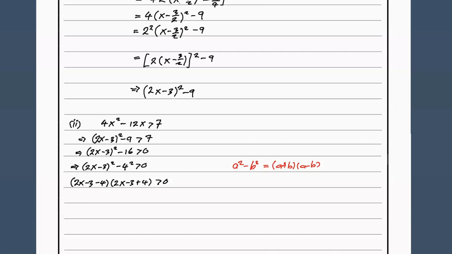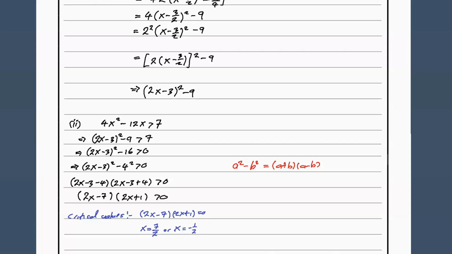So that's gonna give us 2x minus 7 and 2x plus 1, and it's greater than 0. So from here we can find the critical values, and for the critical values we'll simply say 2x minus 7 of 2x plus 1 equal to 0, and we solve for x, so x comes out as 7 over 2, or x is minus a half.